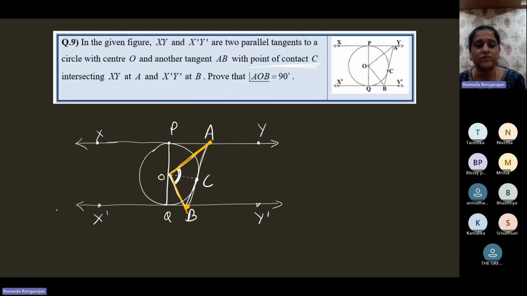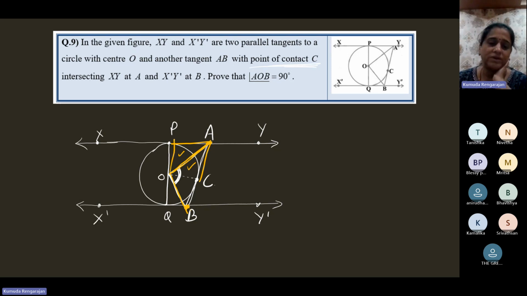When you take up these two triangles, you can say AP is equal to AC. Why? Because A is the external point, and AP and AC are both tangent segments from A, so they are equal.